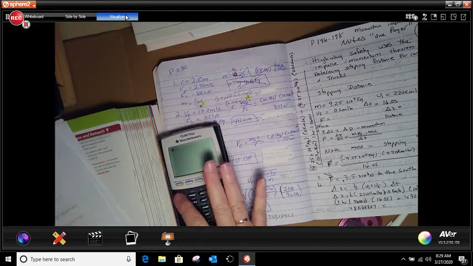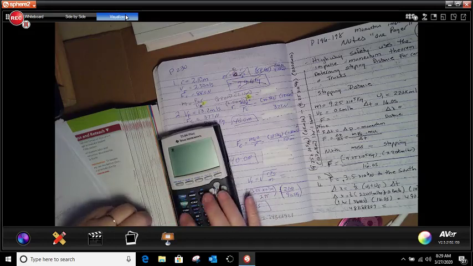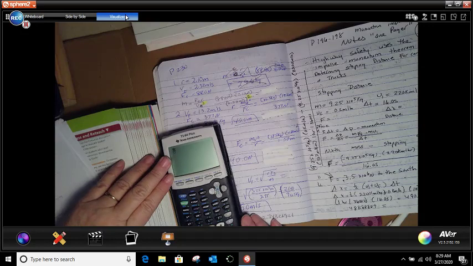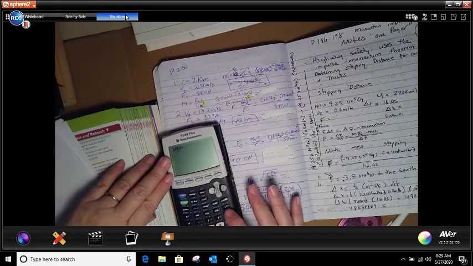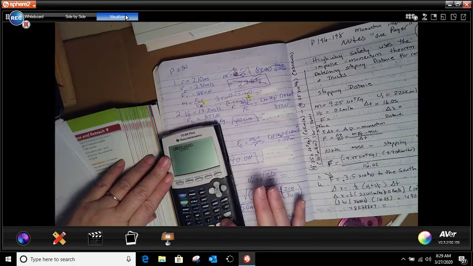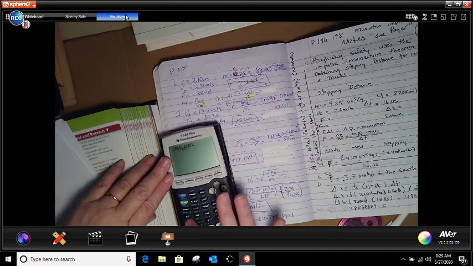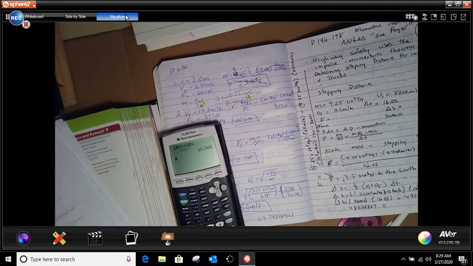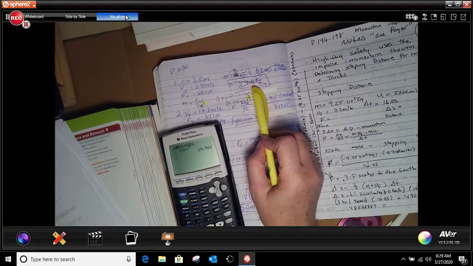So alpha y, alpha y inner, that's going to be open bracket 88.0, and then I'm going to close the bracket, open bracket 2.10, down, 2.50, and then I'm going to square it and enter. That's where I got my 29.6 from.